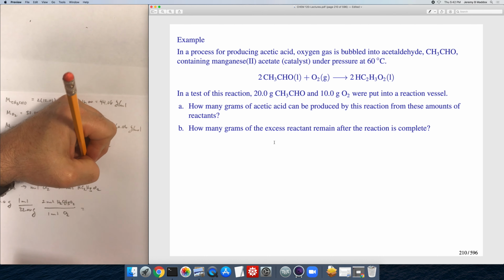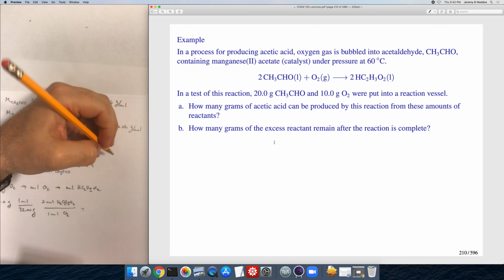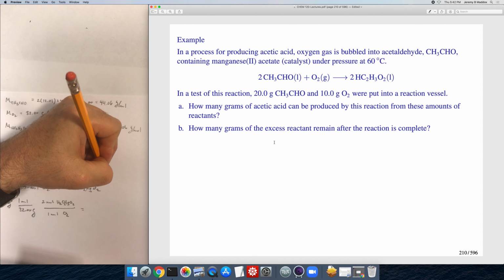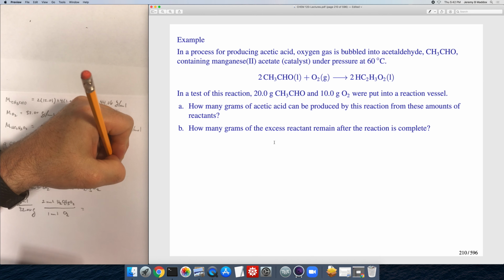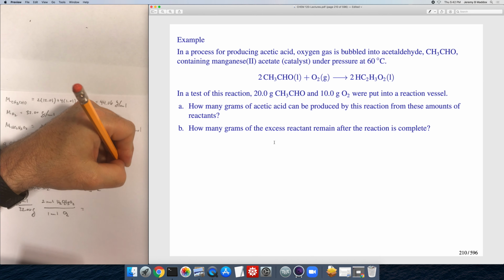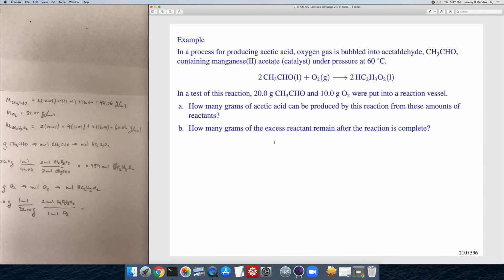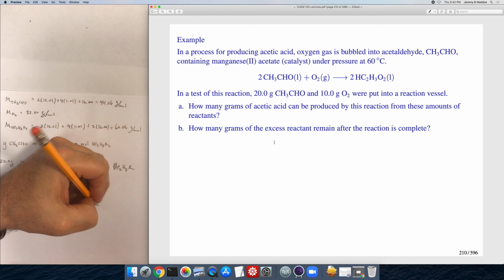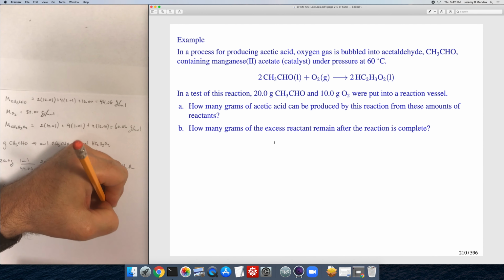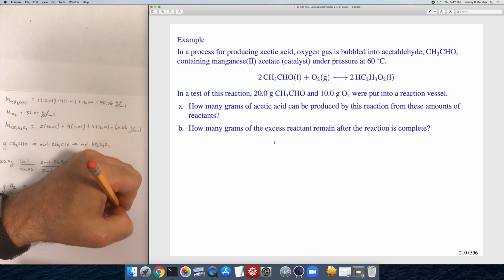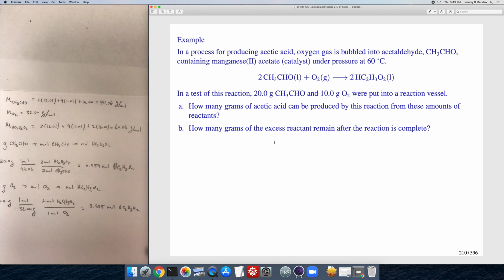So I'm getting 0.454 moles of acetic acid. And then we'll do the calculation for oxygen. I'm getting 0.625 moles of acetic acid. And so we'll compare.